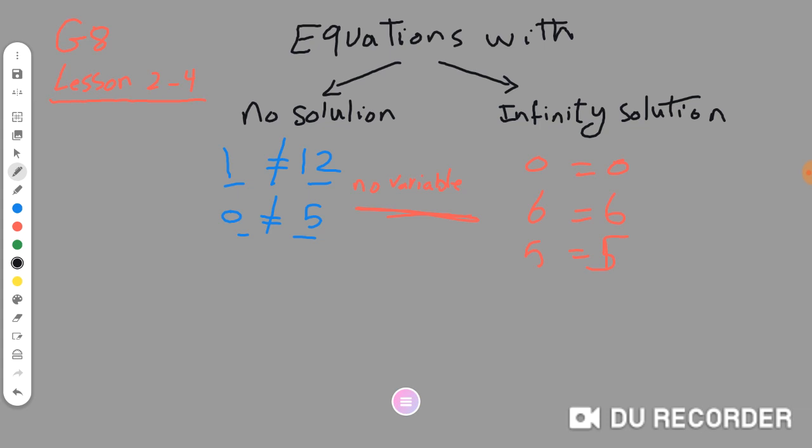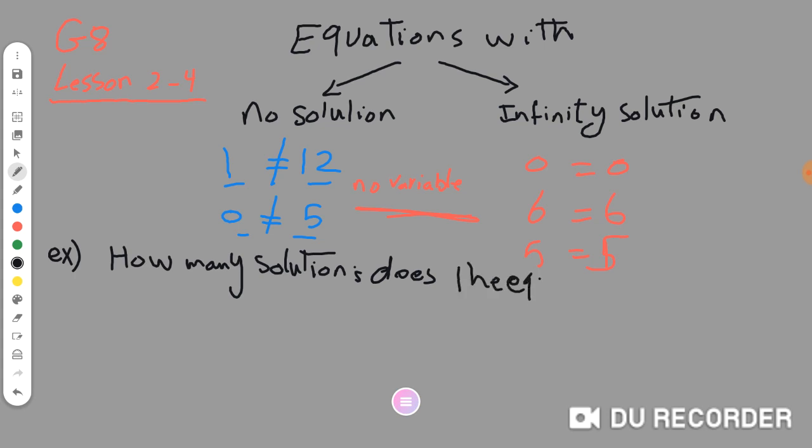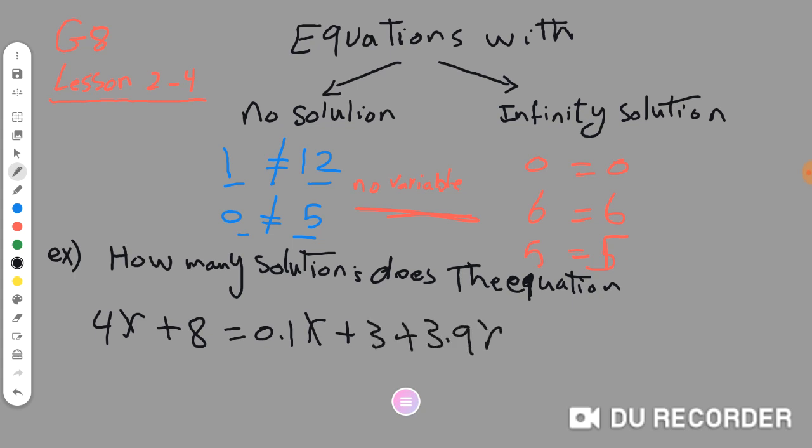Actually, the question asks me this way: how many solutions does the following equation have? 4x plus 8 equals 0.1x plus 3 plus 3.9x.